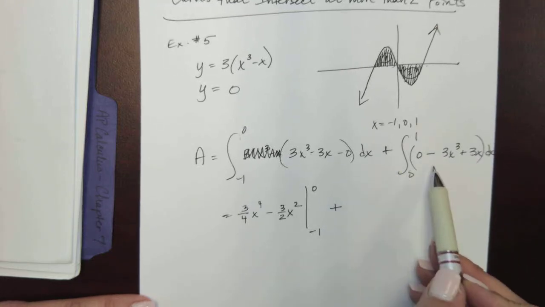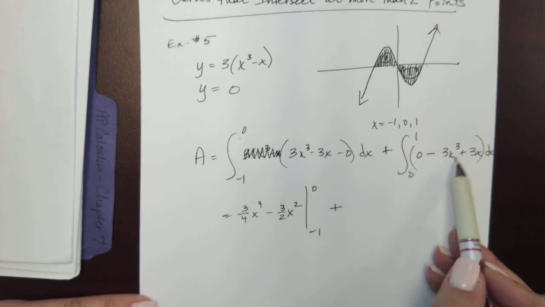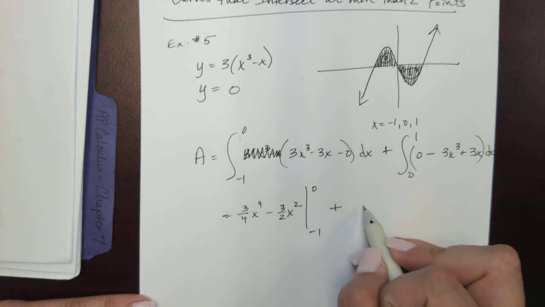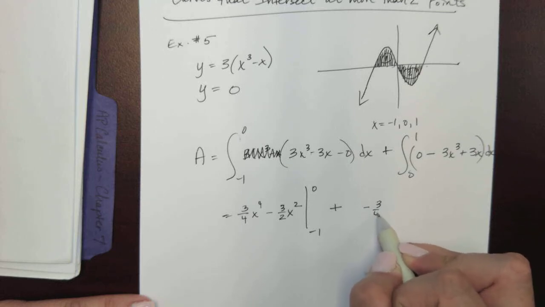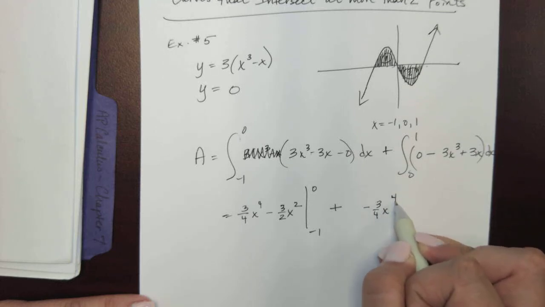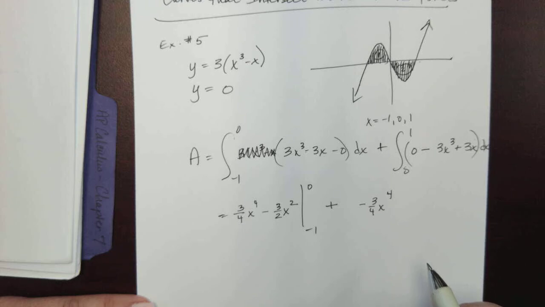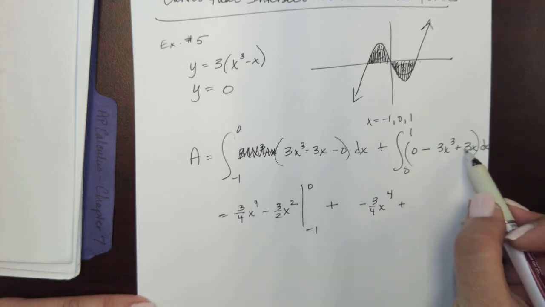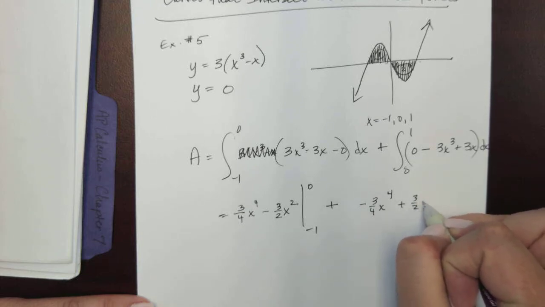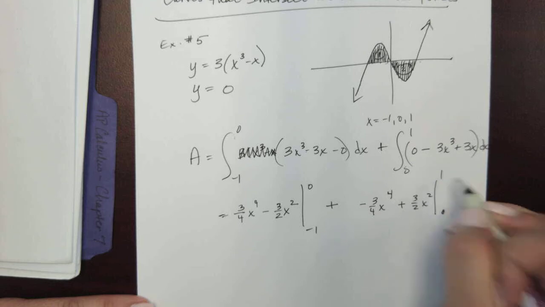Now, over here, I have negative 3x cubed. That becomes what? That's right. Negative 3/4 x to the 4th. Then, plus, integral of this is 3 over 2 x squared, evaluated from 0 to 1.